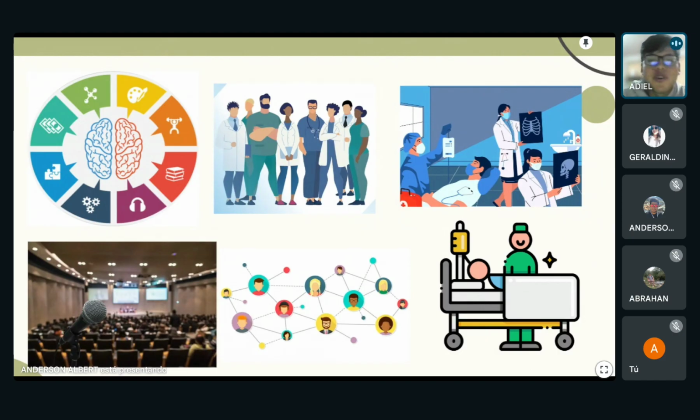The possibility of working in different environments, whether in public or private institutions or in one's own office, also provides flexibility and autonomy in medical practice. Also, the constant advance in technology and medical science ensures that physicians are always learning and evolving their practice.